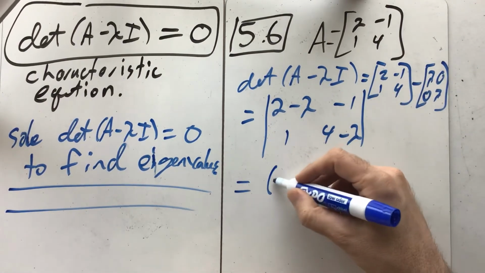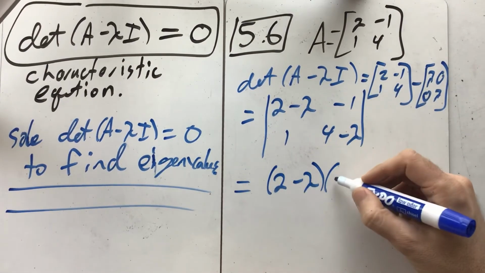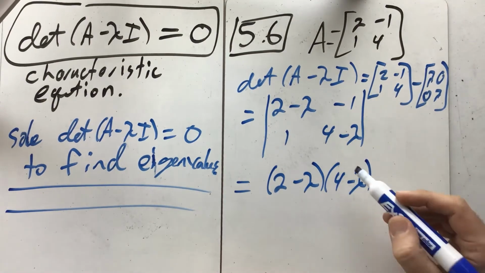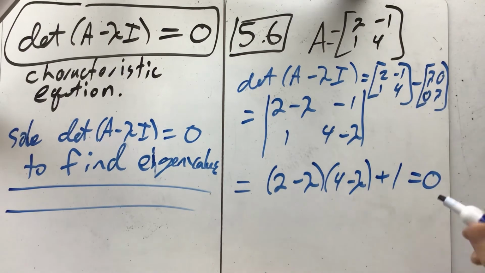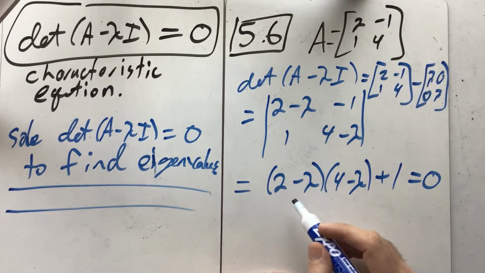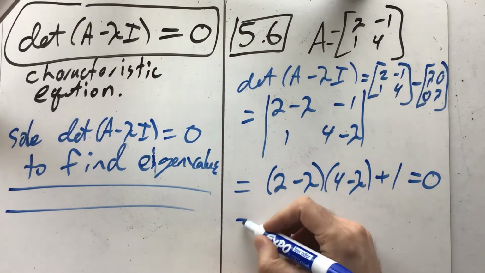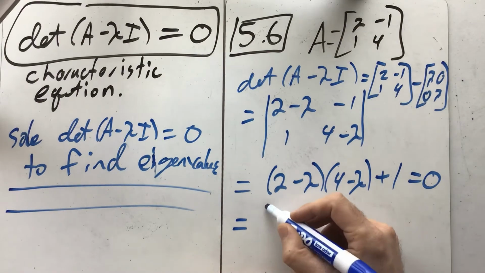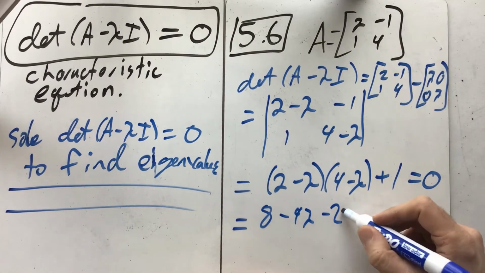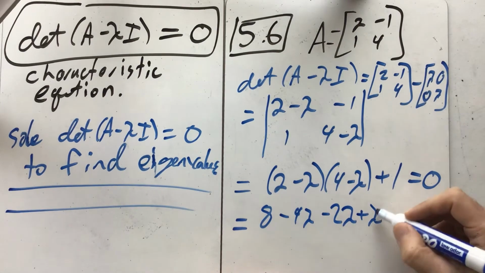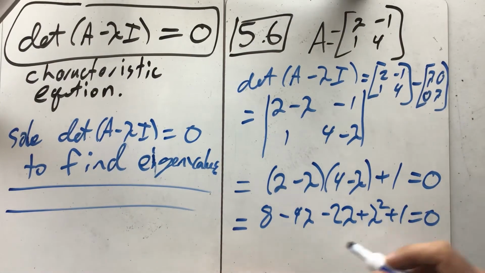So this becomes 2 minus lambda times 4 minus lambda, and then that's a -1, but it looks like +1, equals 0. And now it becomes an algebra problem. So now you're back in college algebra class. So what am I going to do? I'm going to FOIL this out and get 8 minus 4 lambda minus 2 lambda plus lambda squared plus 1 equals 0.